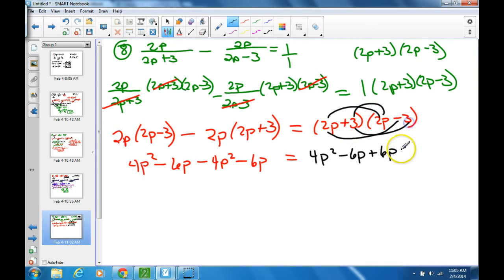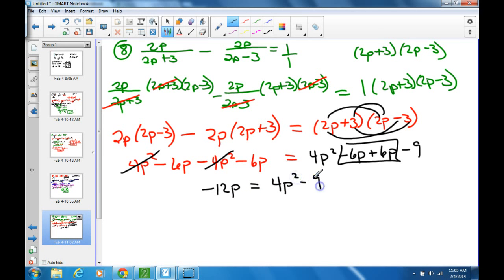And then this would be a negative 9, right? No, the 6p cancels each other. Yeah, these two cancel each other out. What else cancels each other out over here? 4p squared. Yeah, those will cancel each other out, right? So we're left with negative 12p equals 4p squared minus 9.